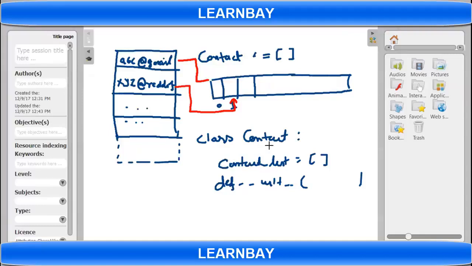In class contact, we have the first line as contact list, and instead of having it inside init, we have it as a class variable.